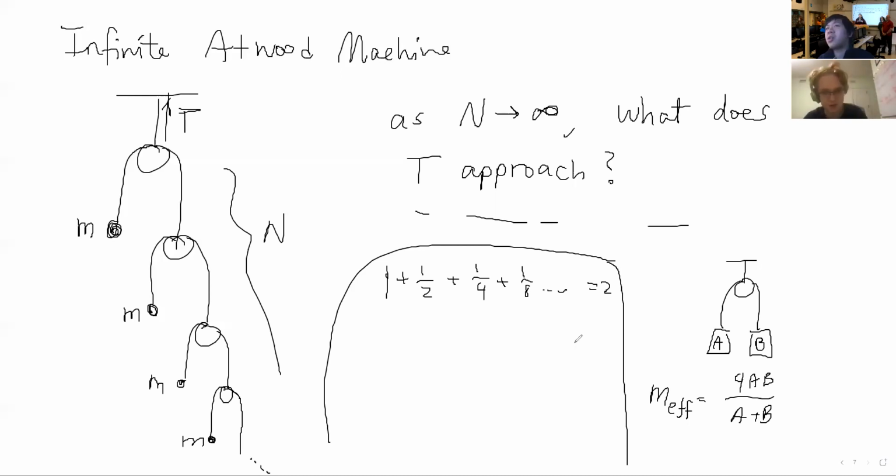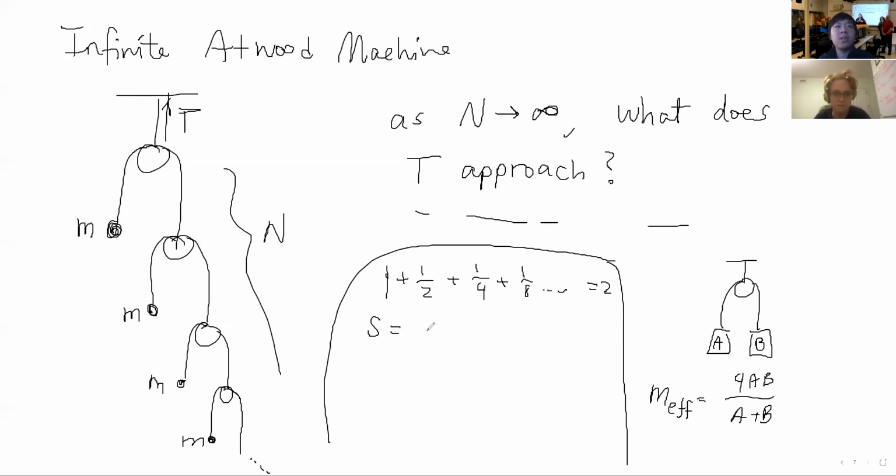Do you guys know how one would get 2 from this series? Telescoping? It's not exactly telescoping. Well, yeah, geometric series formula. But without using the formula, how would you get 2?